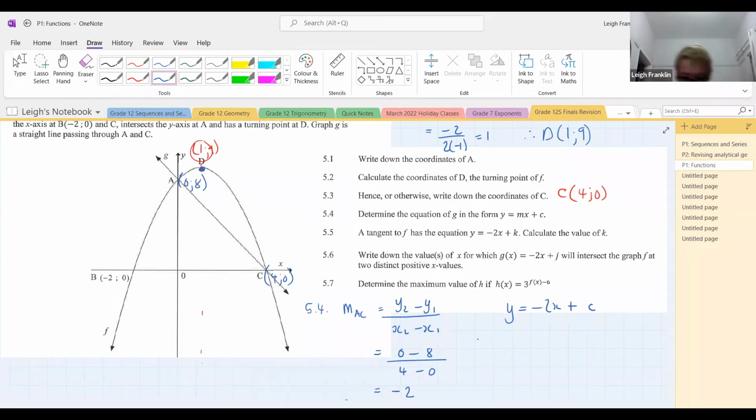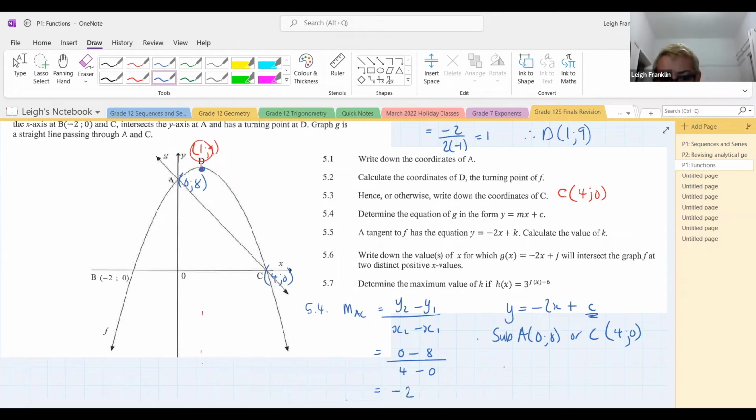And now we need to sub in a point. So either we can use A or we can use C. It does not matter. So here we can sub in A or point C to calculate the y-intercept. Let's just go with the first one.